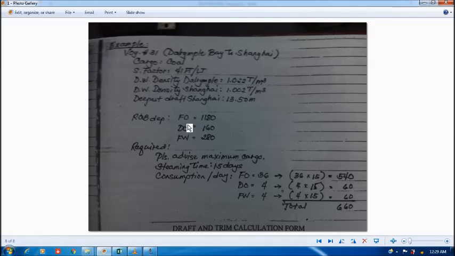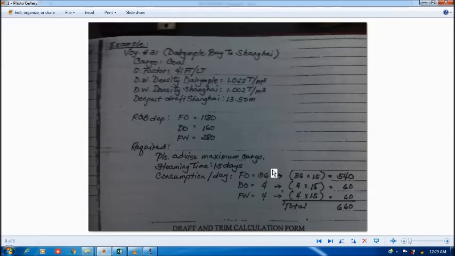our OBQ departure value of fuel oil is 1180 tons, diesel oil 160 tons, and fresh water 280 tons. We get this value from the engine department, and we are required to load maximum cargo. The steaming time from Dalrymple Bay to Shanghai is 15 days, as computed by our bridge team in our voyage plan.